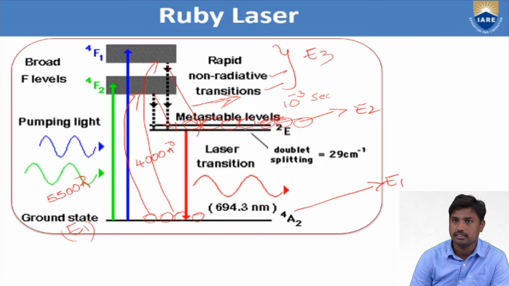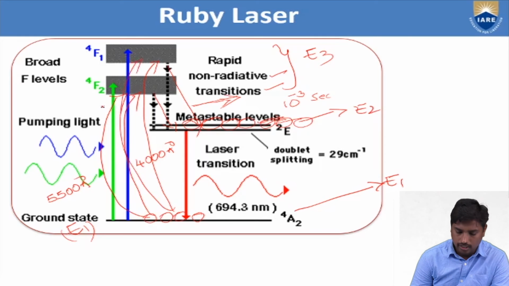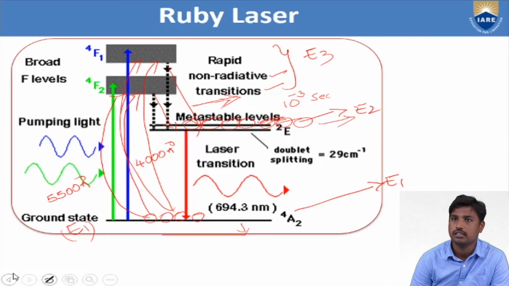By absorbing energy, the chromium particles in the ground state are continuously excited to the 4F1 and 4F2 states. So the chromium particles in the ground state go on decreasing, and in the metastable state, they go on increasing continuously.